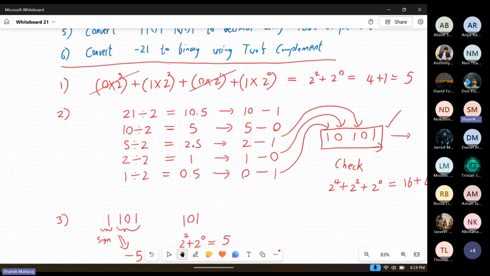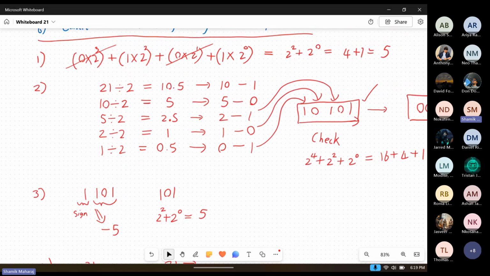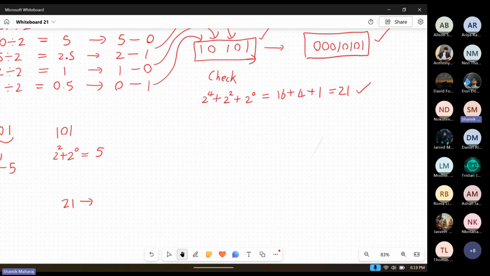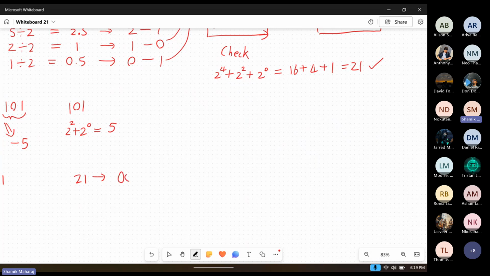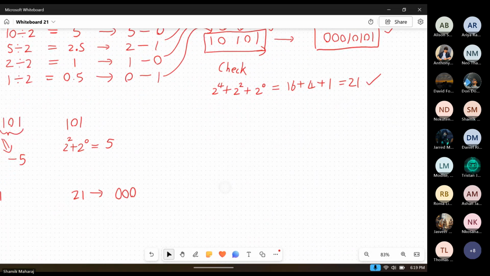All right, so number 4 is straightforward. We just need to copy a bit of what we've done before. So we want negative 21 in binary. So we'll start off by writing 21 in binary, which we've done above here somewhere. Yeah, it's this one here, the one with 8 bits. So it's 0, 0, 0, 1, 0, 1, 0, 1.